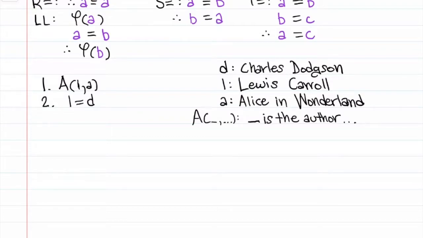Well, if it's true that Lewis Carroll is Charles Dodgson, then we can replace the name Lewis Carroll with the name Charles Dodgson, and the resulting sentence will be true if the premises are true.